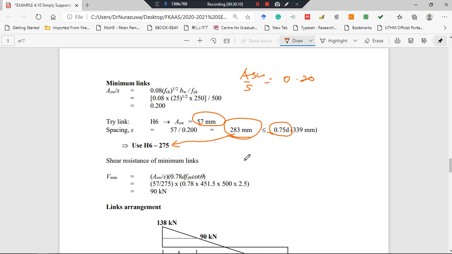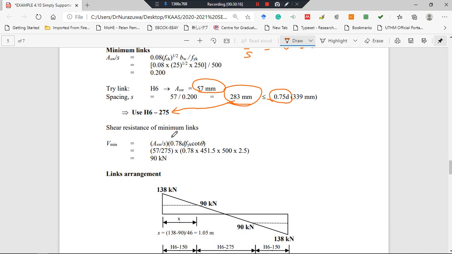So for the shear resistance of minimum links, we provide the minimum links from here to here. How much is the shear resistance at this point? This is the equation, and finally the result for the V shear minimum is 90.